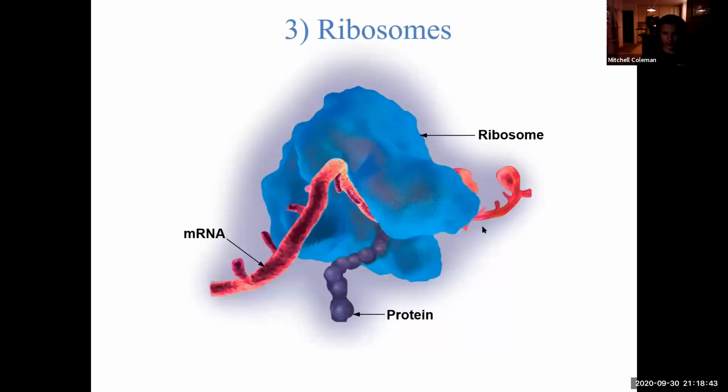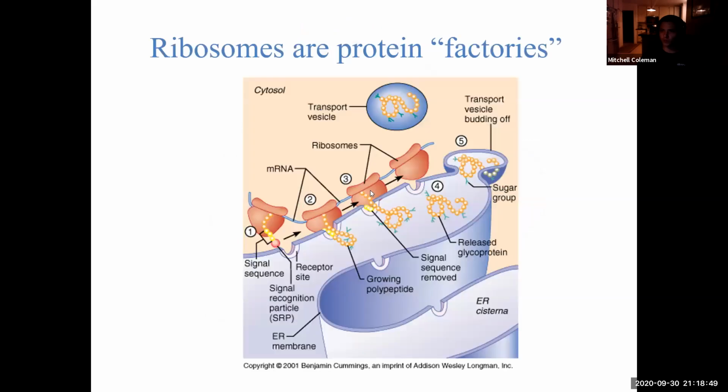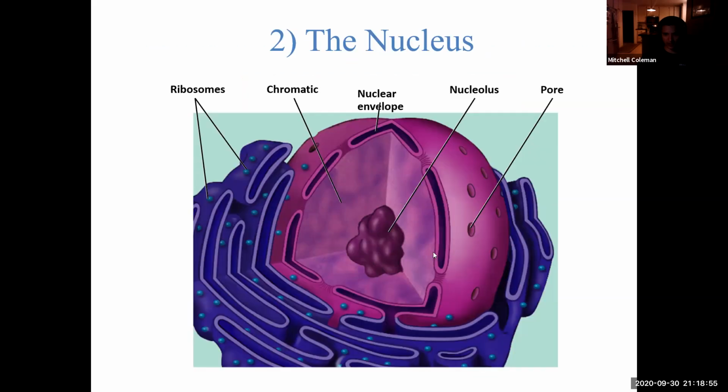So ribosomes are another organelle type of which there are many per cell. Ribosomes are protein factories, quote unquote factories. And so let's go back to this picture right here of the nucleus. The nucleus is the manager of the cell. It's where the DNA resides, where all the information for how cellular processes are carried out actually lives.